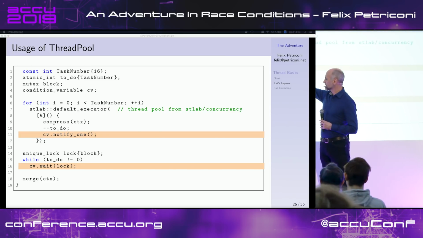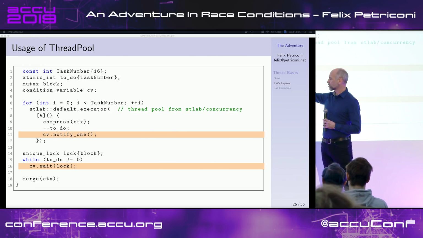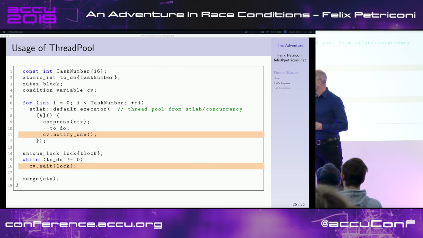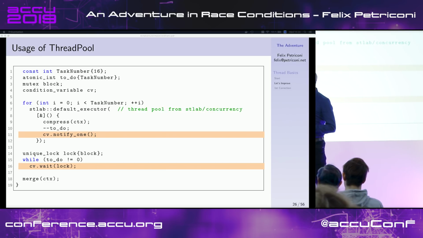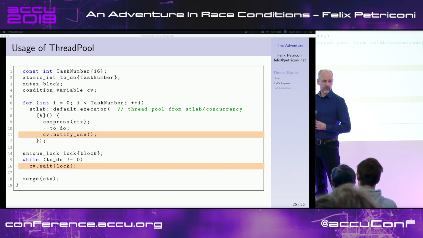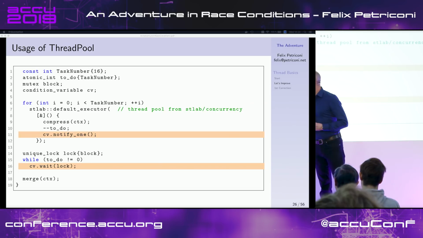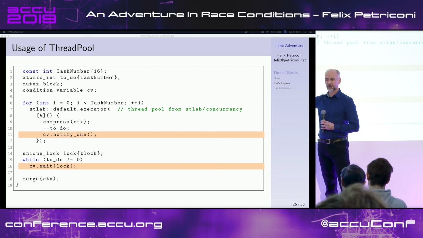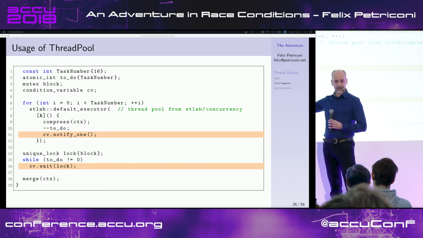When the program comes to this point, it acquires the lock on this mutex. Since we are at the very beginning, todo is unequal to 0, and then we stop here on this condition variable. It releases the lock, and it blocks the current thread until it is woken up.